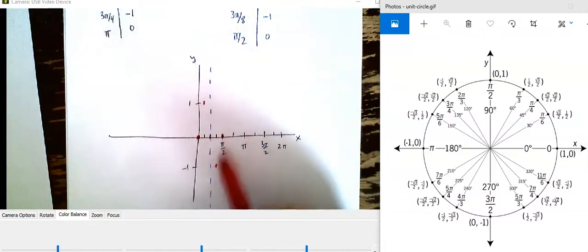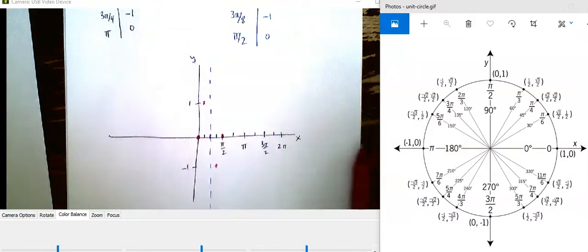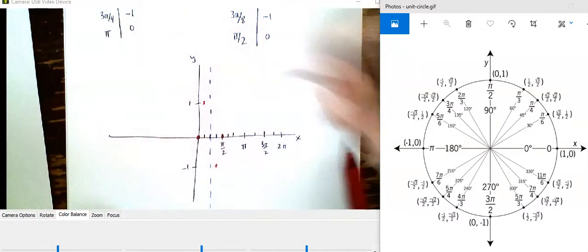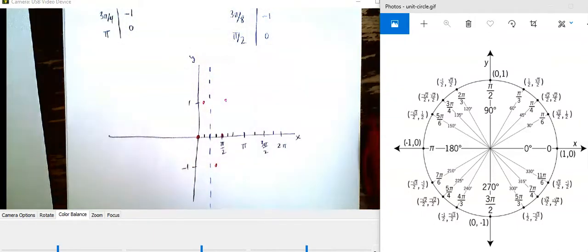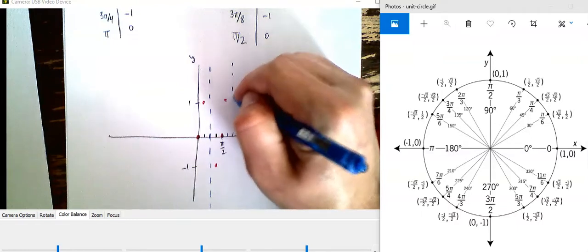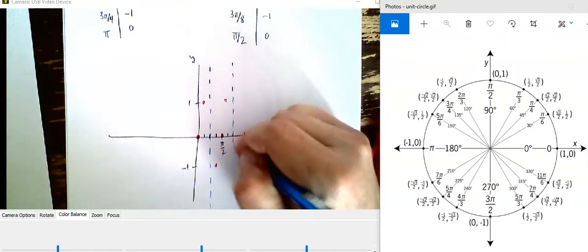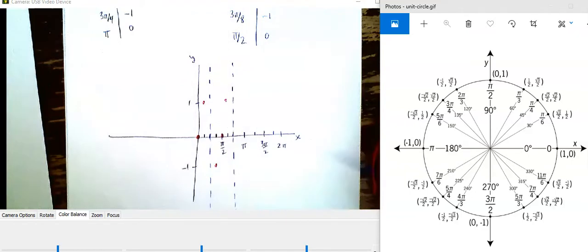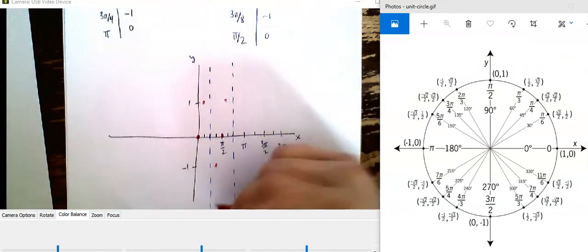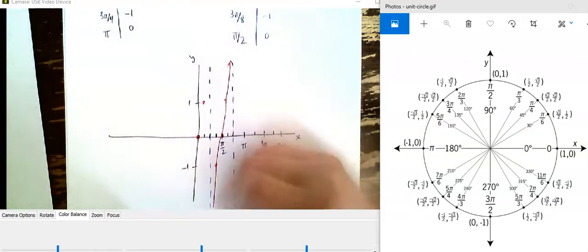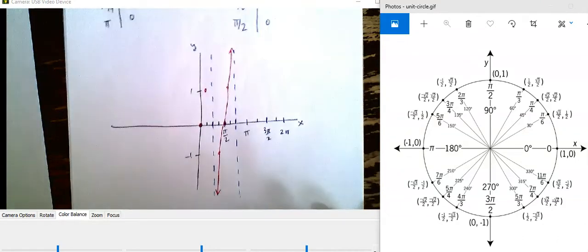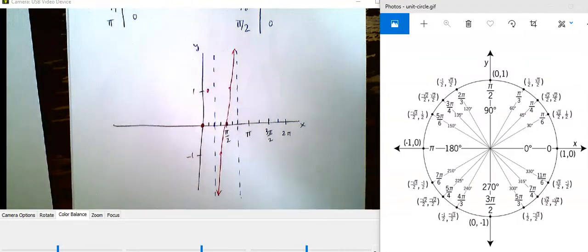So here we have one half period here, half period there. So we know at the next half step, we would have a 1. And then another asymptote. Okay. So we get a picture of the tangent function, kind of horizontally compressed.